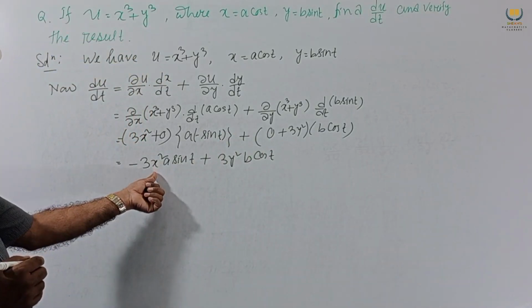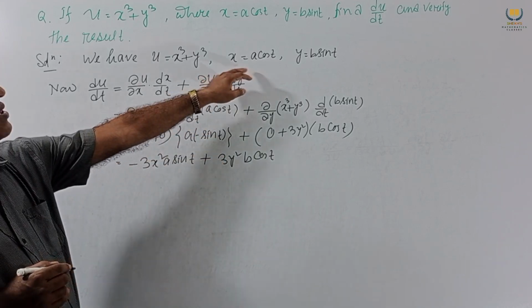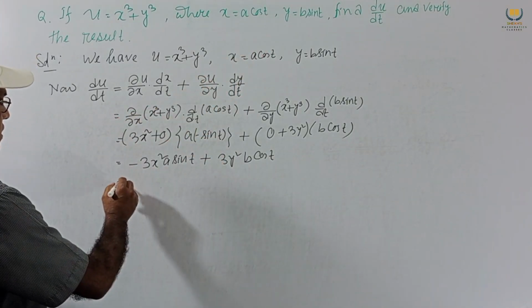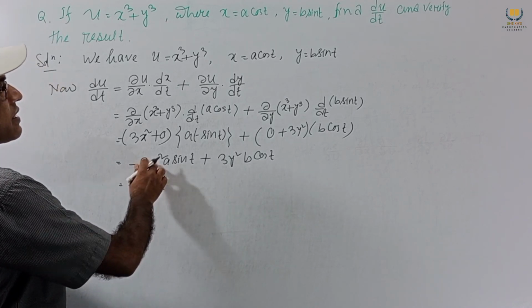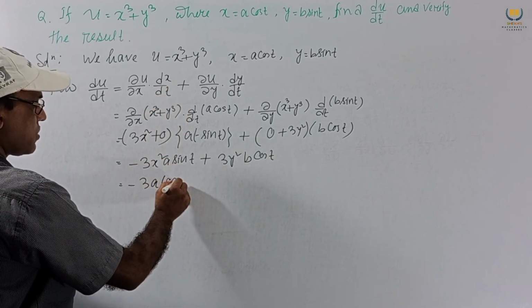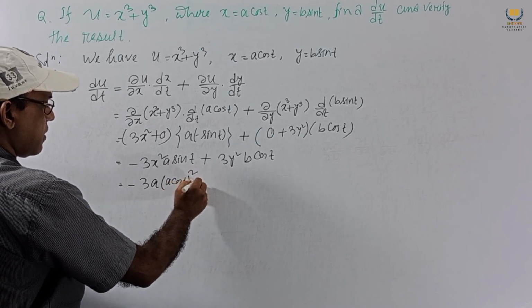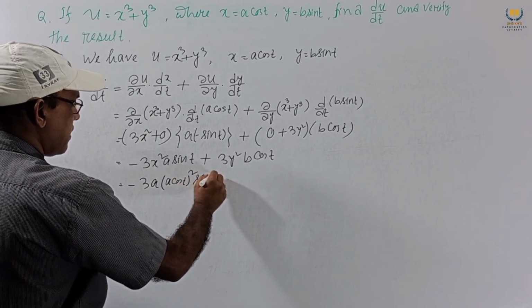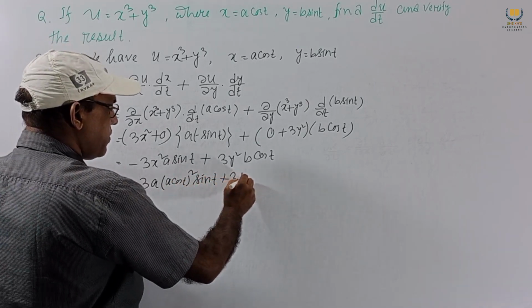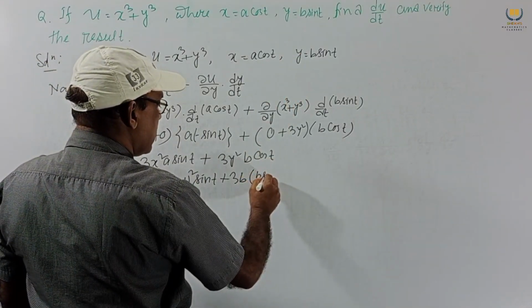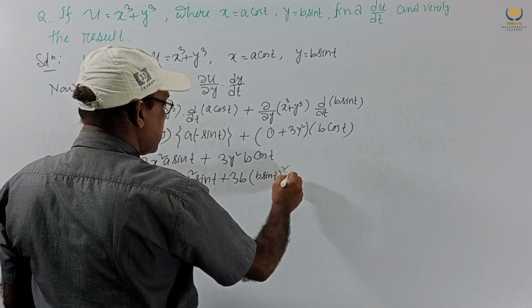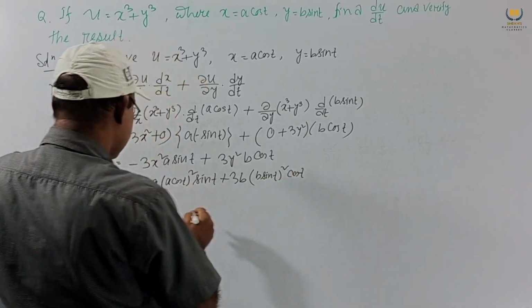Now we put the values of x and y: x means a cos t, y means b sin t. So we get minus 3a into a cos t whole square into sin t, plus 3b into b sin t whole square into cos t.